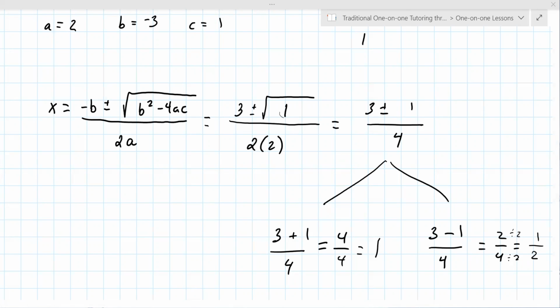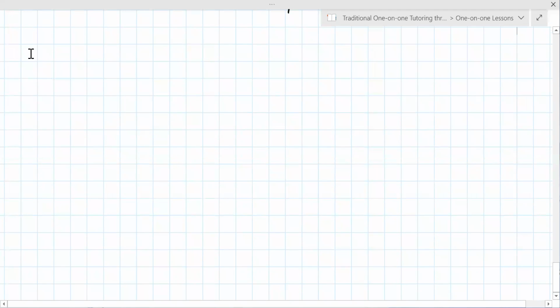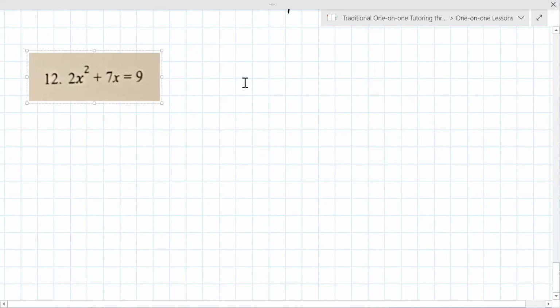Are you seeing that every problem is exactly the same, just different numbers? The quadratic formula can be confusing. Okay, so look at this problem here. What is wrong with it? How do we need to change this? Do you add or subtract here?